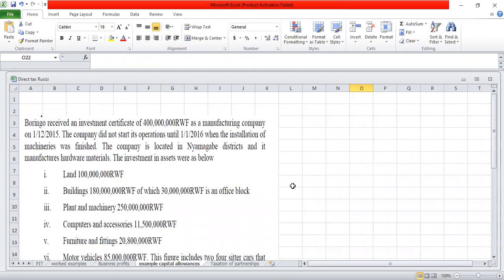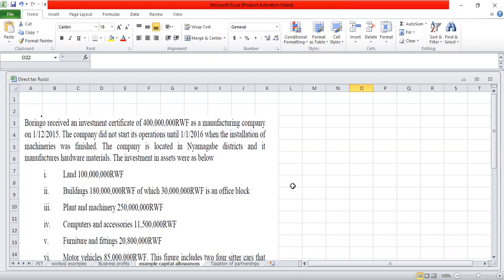Boringo received an investment certificate of 400 million as a manufacturing company, meaning it is a registered investor. The company did not start its operation until the installation of the machineries was finished. The company is located in Nyamagabe district and manufactures hardware materials. The investment in assets were as below.